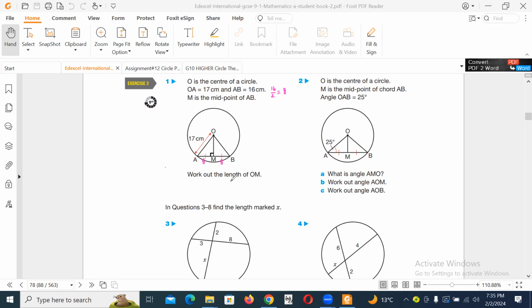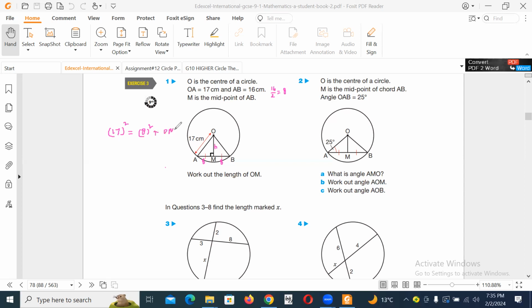We are asked to work out the length of OM. OM is the height. So if we use Pythagoras theorem, which we apply in right angle triangles, the square of the longest side is equal to the sum of the squares of the other two sides. The longest side is 17. The other two sides are 8 squared plus OM squared.